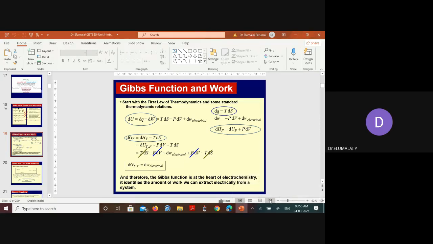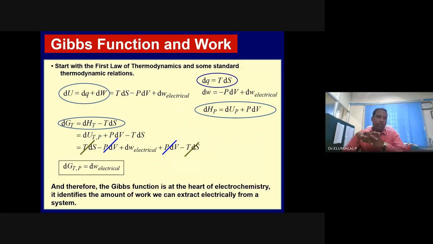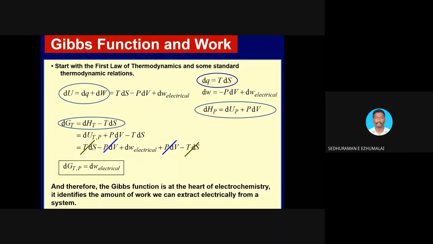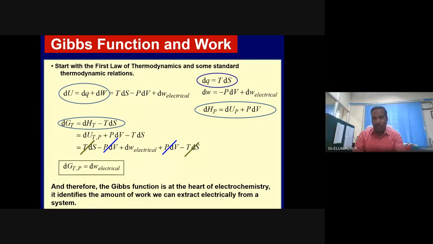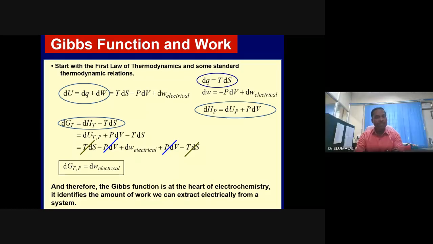We'll have to go back to thermodynamics laws. So, how many thermodynamic laws are there? You have doubt? 3 or 4? 3 thermodynamic laws plus the 0th law.